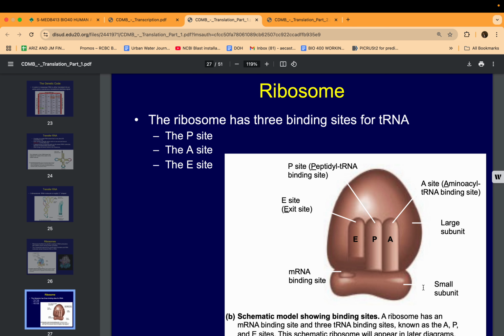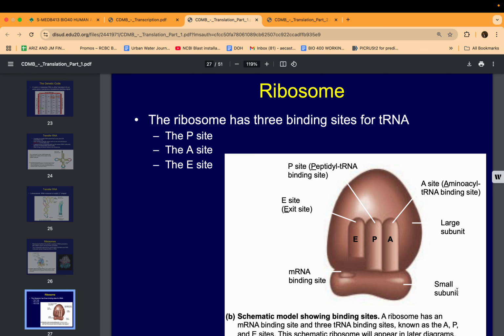The ribosome has 3 binding sites: the P, A, and E sites. The P site is the peptidyl tRNA binding site. The A site is the aminoacyl tRNA binding site, and the E site is the exit site.